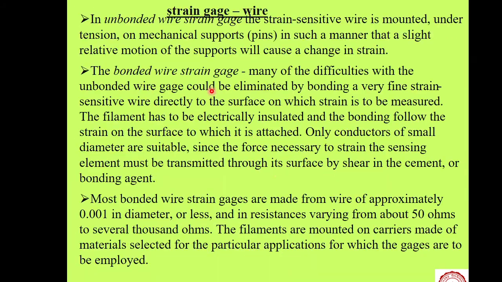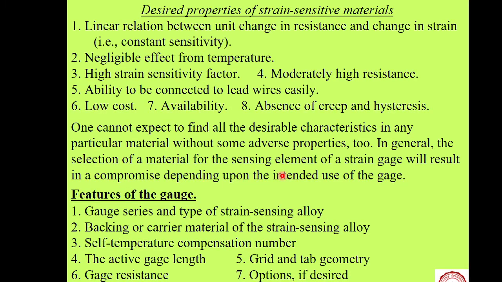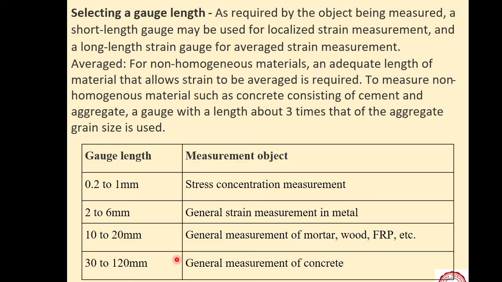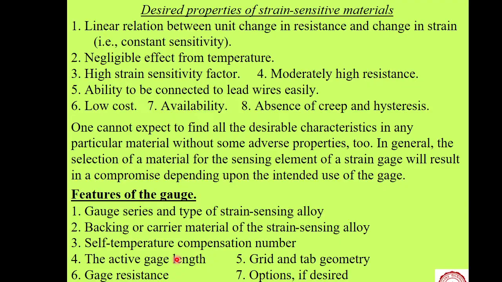So there is some error due to that, which is taken care of by the active gauge length. If this length is more, even if the width is more, the deviation from the exact value is more, right? Now again, gauge resistance is a parameter. If the resistance value is more, the change in resistance is more.